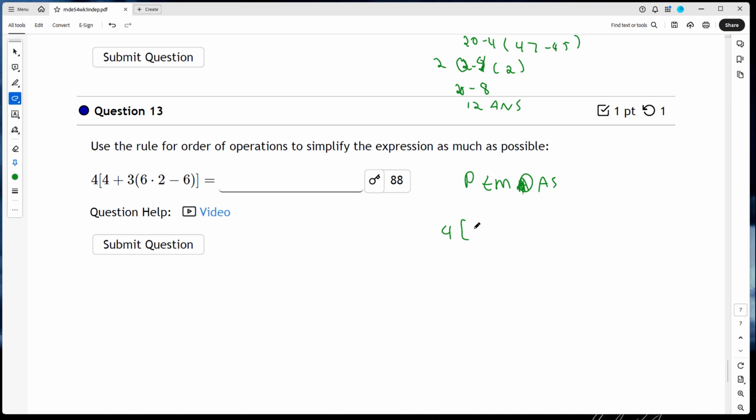Yep, parentheses inside parentheses. So you do the innermost set first, following the order of operations. Inside parentheses, 3, 6 times 2, minus 6. I have multiplication, so I do that first.